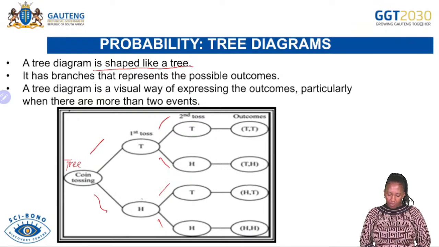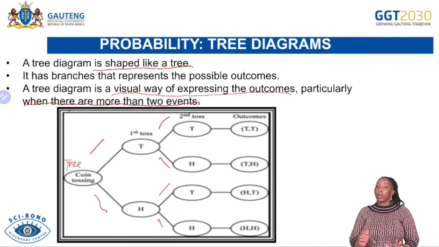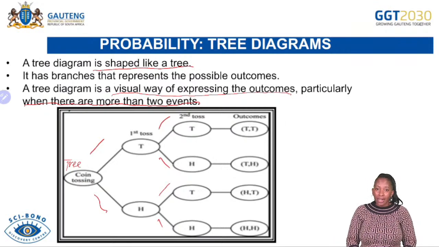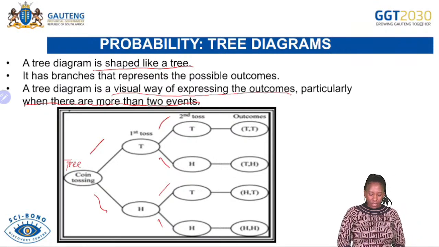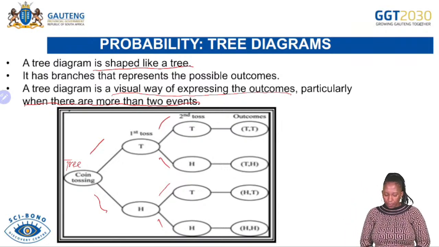And then we say a tree diagram is a visual way of expressing the outcomes, particularly when there are more than two events. It's a visual way because we can see now from our tree diagram the outcomes. So now if I toss a coin, remember I was talking about tossing a coin, this is our coin, and if I toss it, I can get a tail or a head.